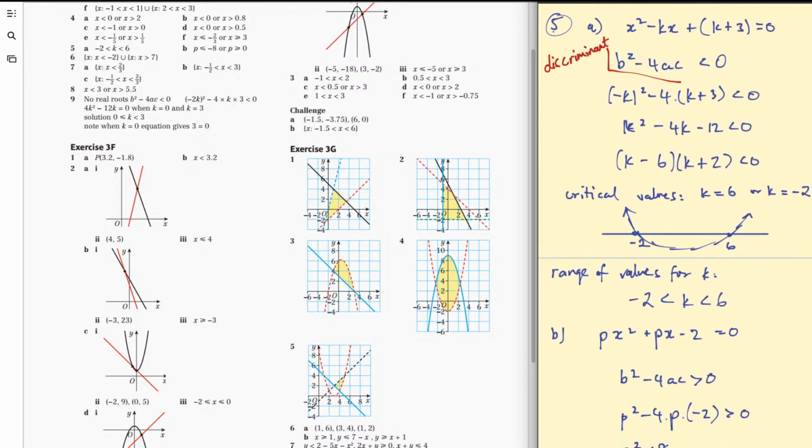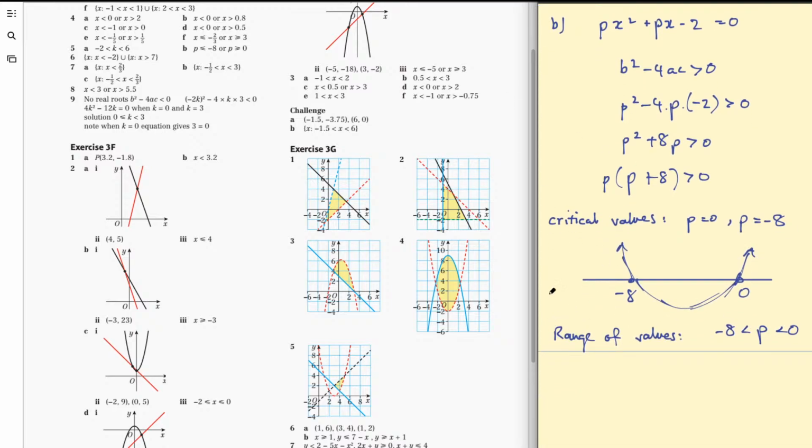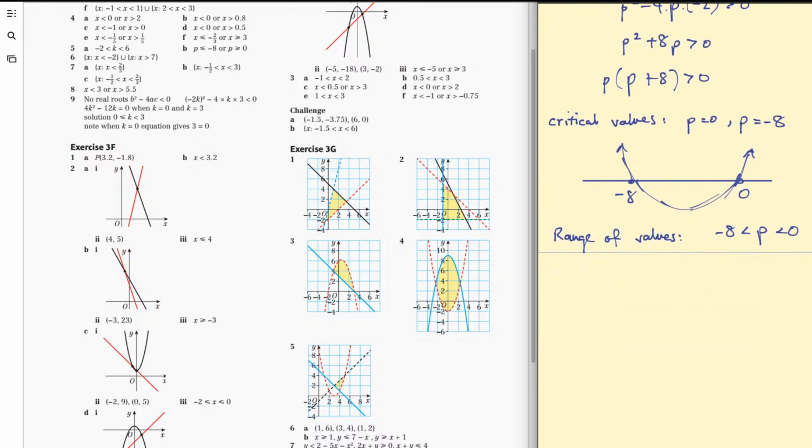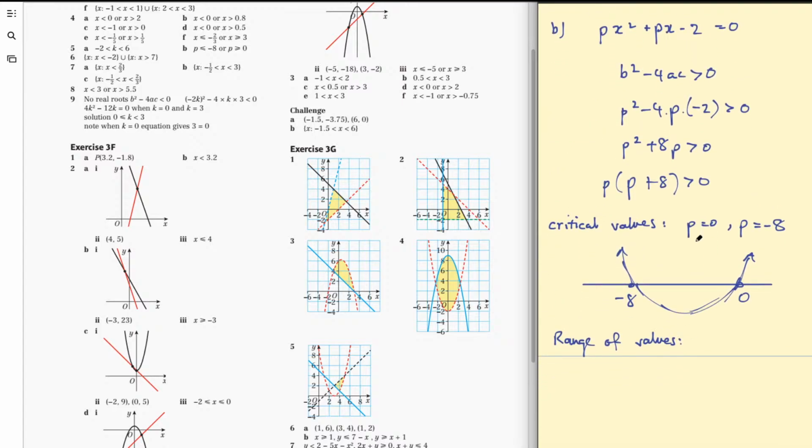And 5a was k between negative 2 and 6 and b, yeah, I said one thing and wrote down another thing. So remember I was saying that it was less than negative 8. And also I got something, so I made 2 errors in this problem.